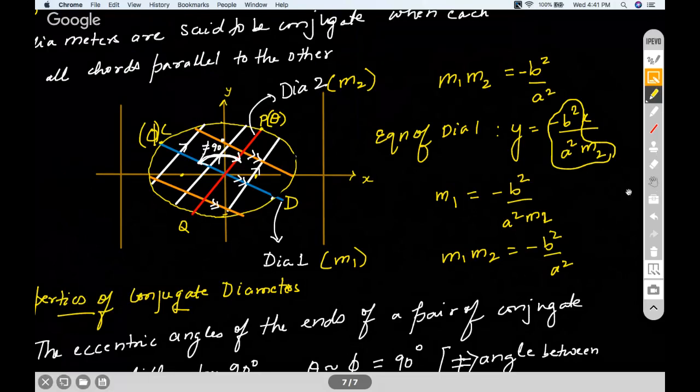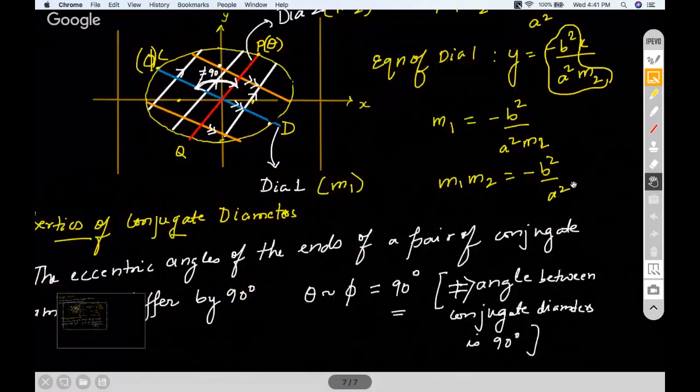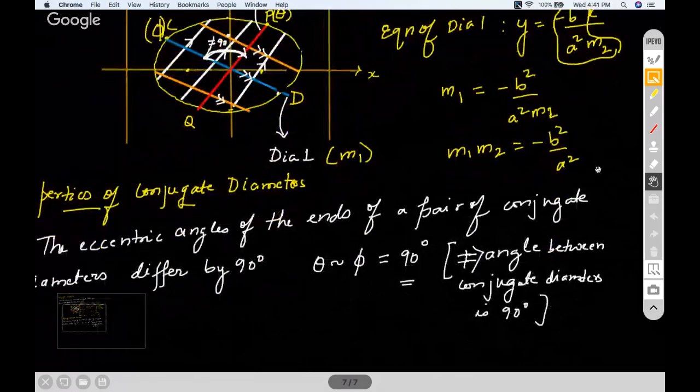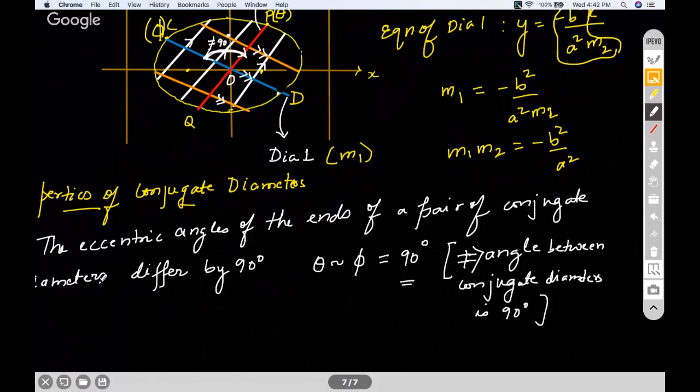Now let us move on to prove the requirement of this property. We have to prove that the eccentric angles at the ends of the conjugate diameters differ by 90 degrees. Now this is the origin. We all know that both the conjugate diameters will pass through the origin. Correct? So what is the slope of OP?